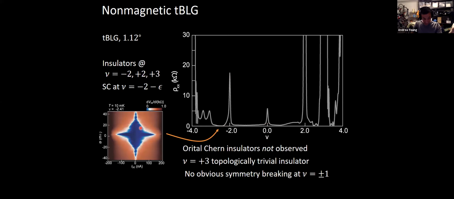Here's the type of Fraunhofer-y pattern in the critical current that Shankar was talking about. No orbital Chern insulator of the type I've told you about, no quantum anomalous Hall, no obvious ferromagnetism, in the sense of an Ising spontaneously broken time reversal symmetry that is obvious to an experimentalist. And interestingly, no obvious symmetry breaking at nu equals plus and minus 1.